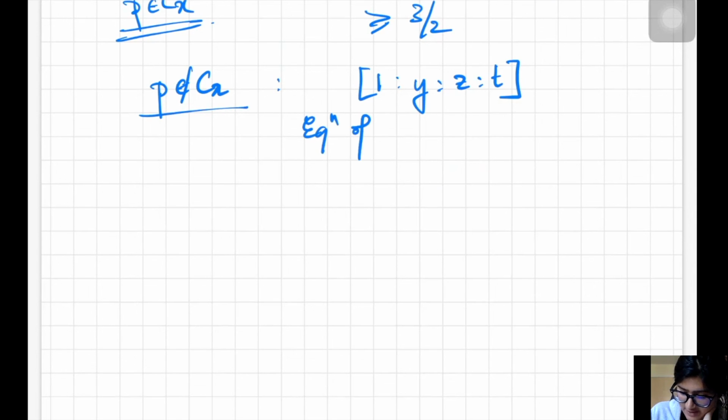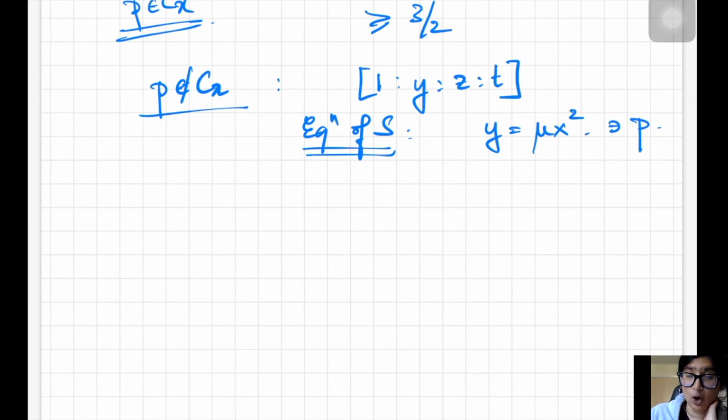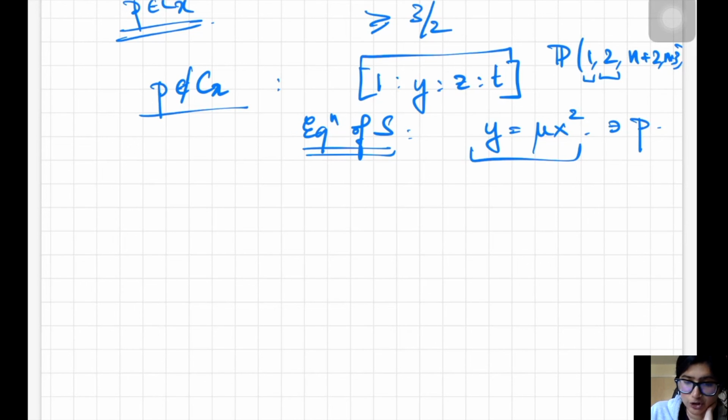Now you look at the equation of S and you realize that you can always have a curve on which your point lies, because you're working with weights 1, 2, n plus 2, n plus 3. So y having weight 2 and x having weight 1, you always have this curve on your surface. Because you know your point is not on Cx anymore, you know your coordinate on x is 1. So any such point is going to lie on any such curve for some mu. So now you have a curve.